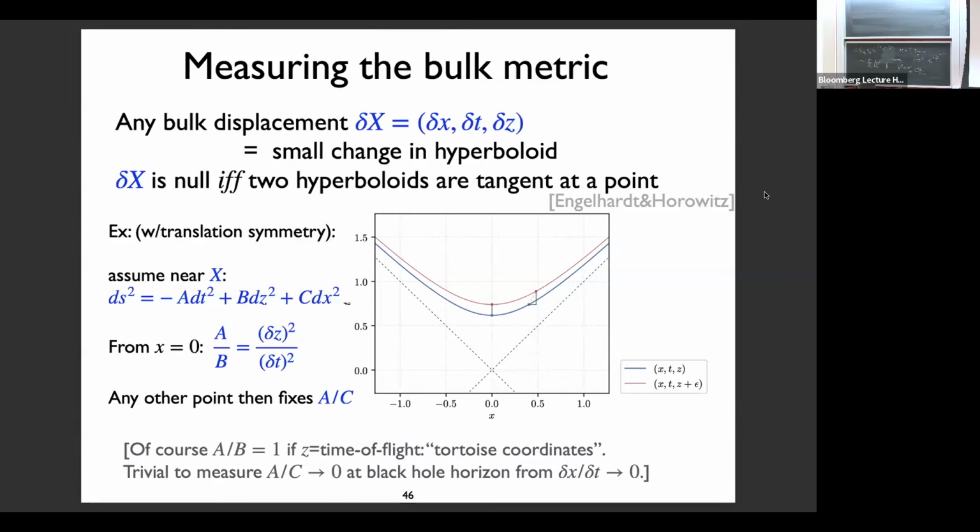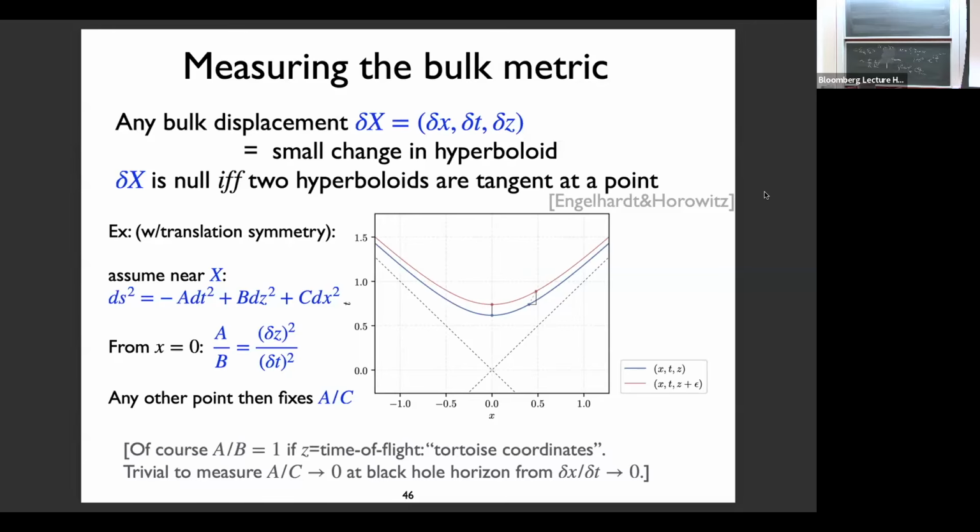If this is a future light cone of x, this is a future light cone of x plus delta x. Now, there are some very special ways of choosing delta x: if delta x is along a light ray in the bulk that's shooting toward the boundary, then there'll be a point on this curve that doesn't move.